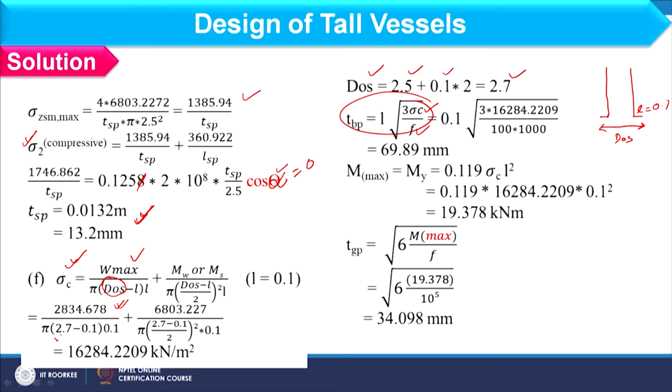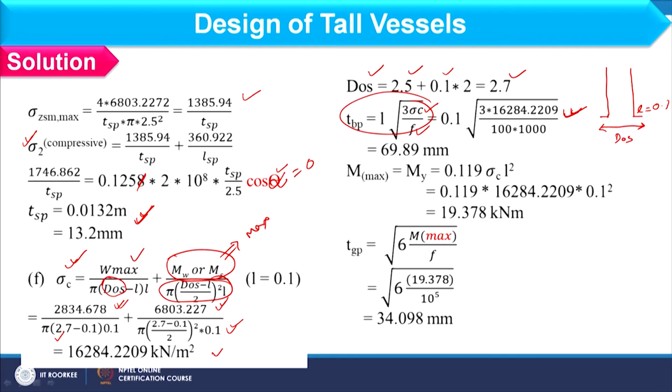So, this we can use over here, and now from this MS as well as MW we can choose the maximum value, and that should be 6803.227 for MS, right. And this modulus you can consider here also. So, sigma C we can obtain as 16284.2209 kilonewton per meter square.